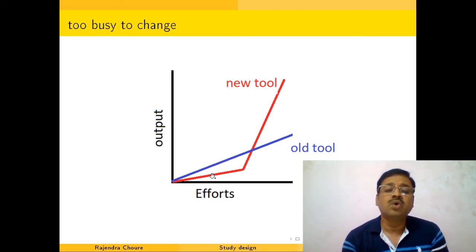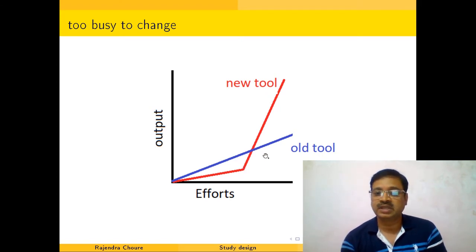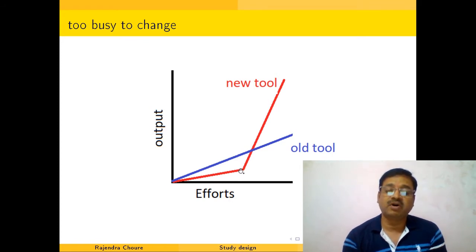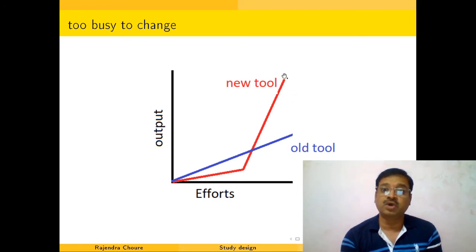But when you go on using your new tool, you will learn more about the new tool, and suddenly you will find out that your new tool is working more efficiently than your old tool, and your new tool is optimized for your work, to reduce efforts of your work, to improve quality of your work, and at the end you will find that the quality or magnitude of output of your work will be very high.